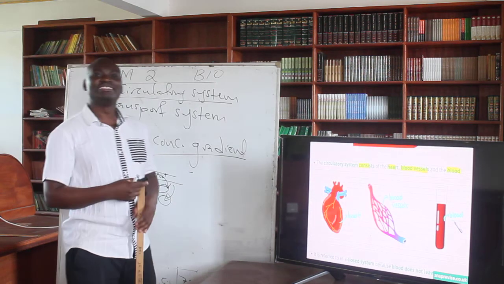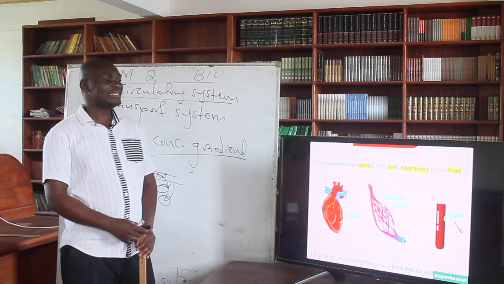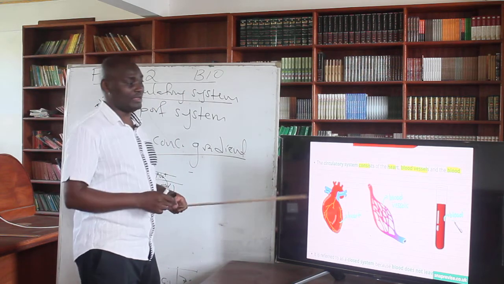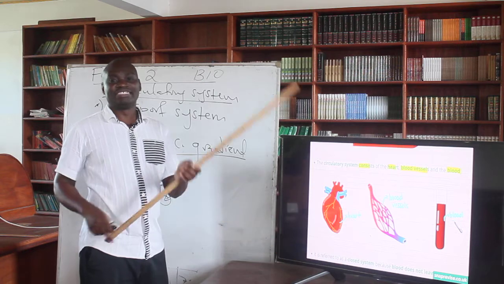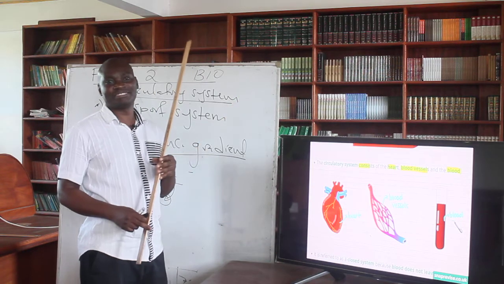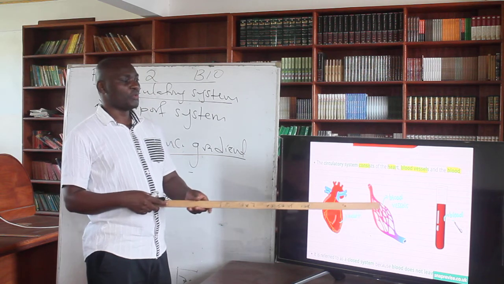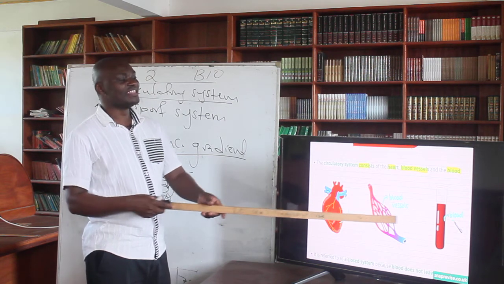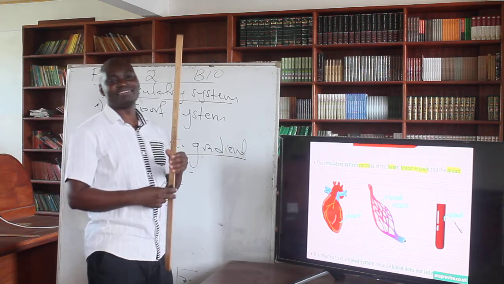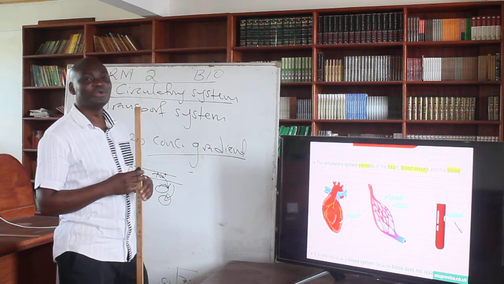Now, the circulatory system is normally made up of three components. One, we have the heart. Two, we have the blood vessels. And three, we have the blood, what we call the transporting fluid.